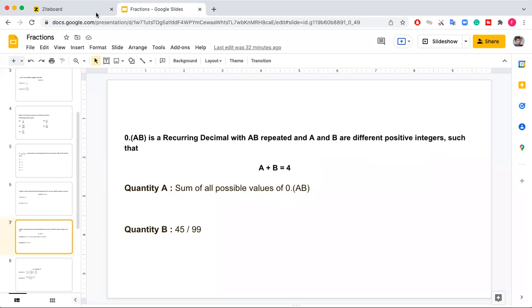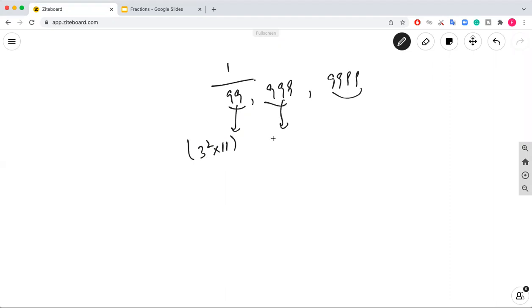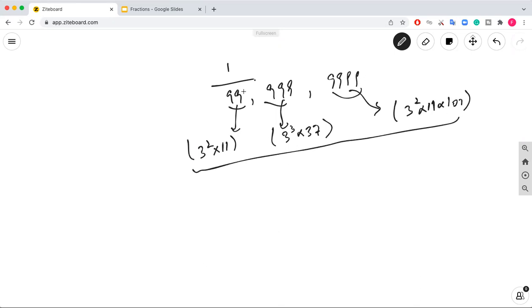For this question, because we are having denominators 99, 999 and 9999 in some cases, it is always better to remember the prime factorization of these. 99 is 3 square into 11, 999 is 3 cube into 37, and 9999 is 3 square into 11 into 101. At least you should know the prime factorization of 99, 999 and 9999.